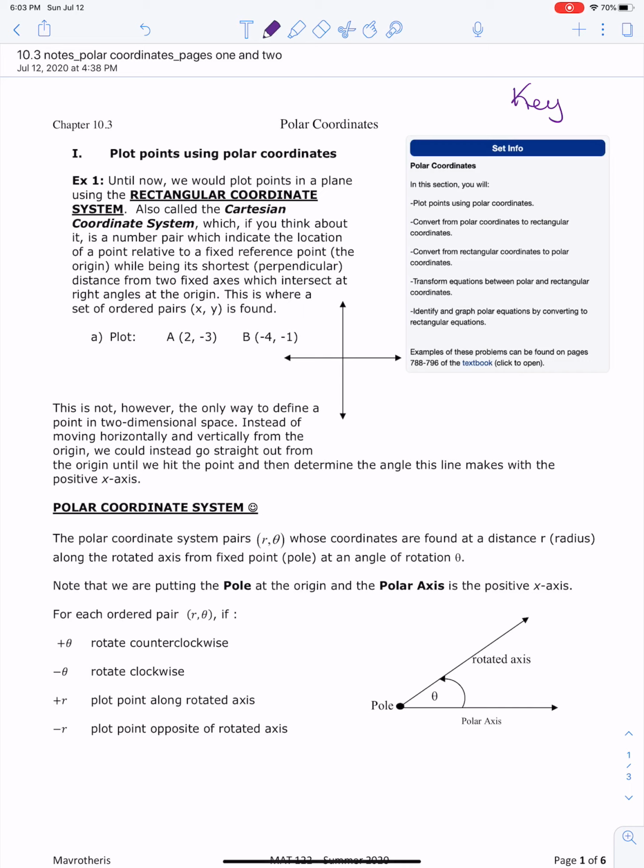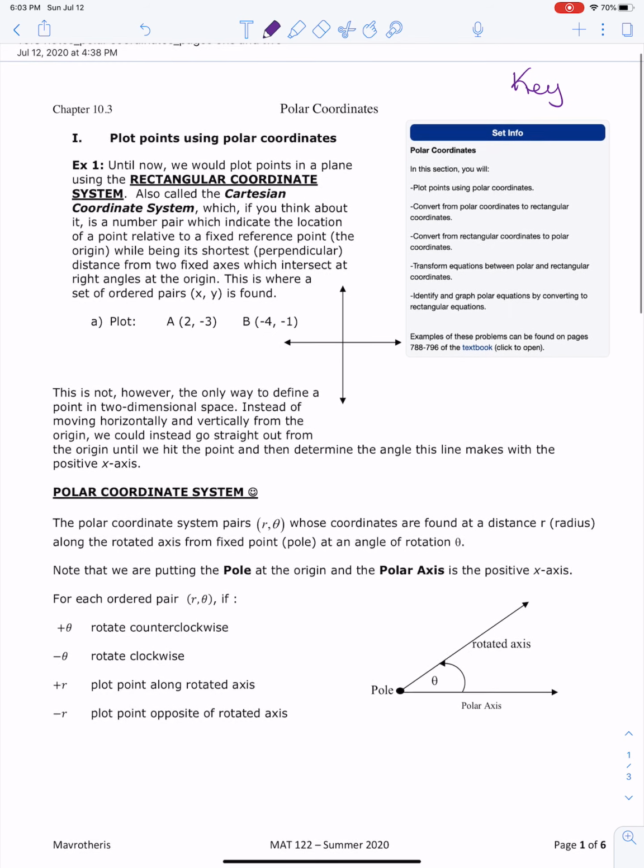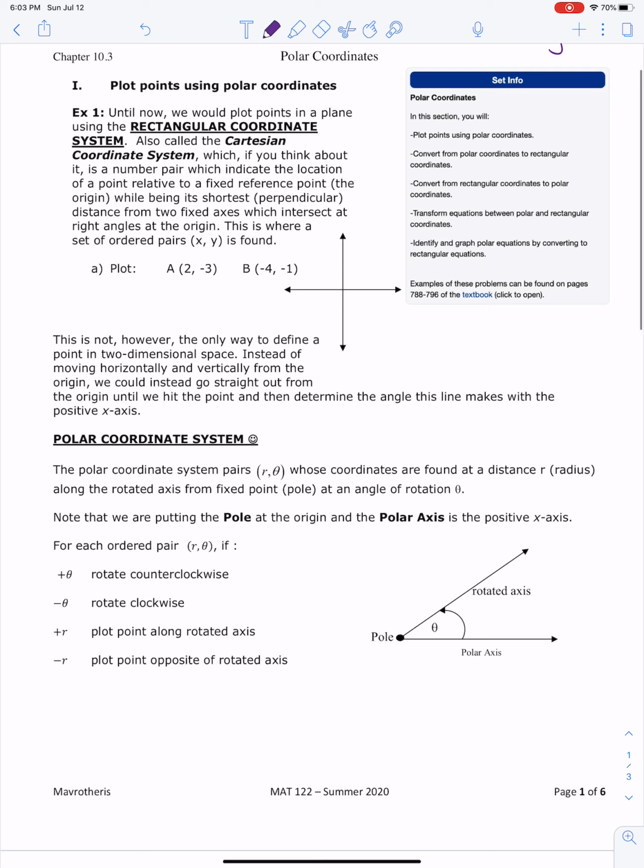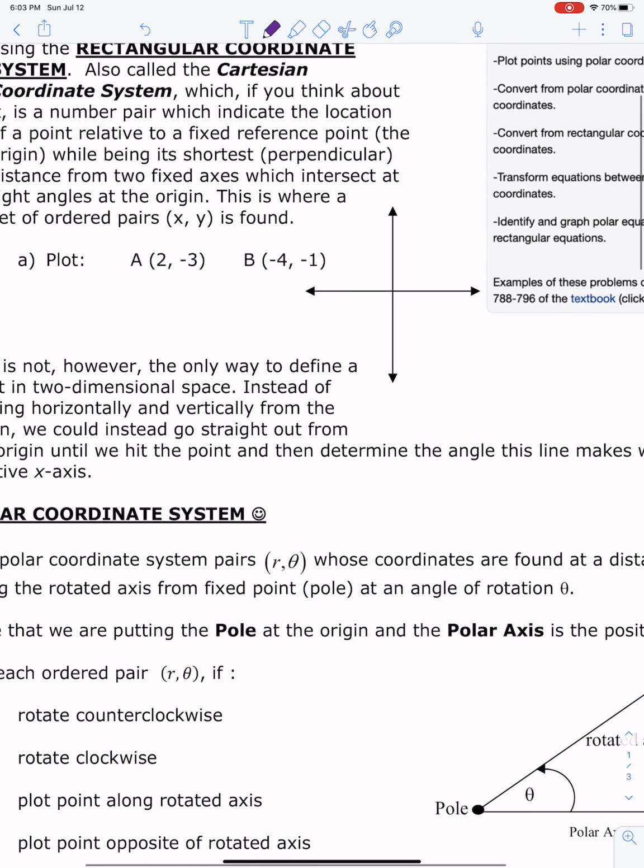For years actually, you've been plotting rectangular coordinates, the Cartesian coordinate system. Let's take a look at what we've got here. Example 1a, we want to plot these 2 points.